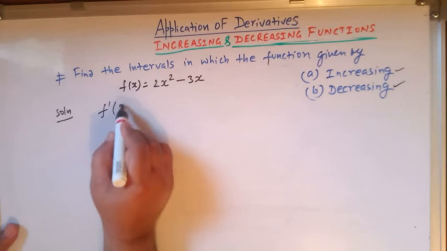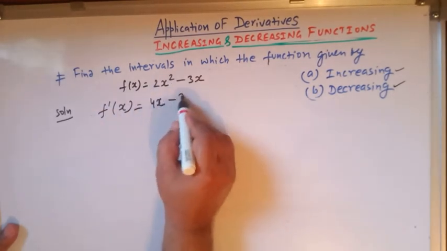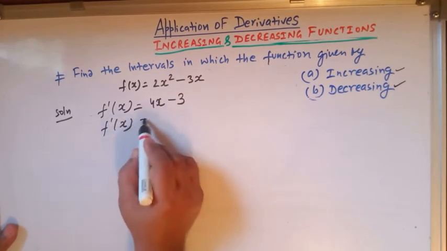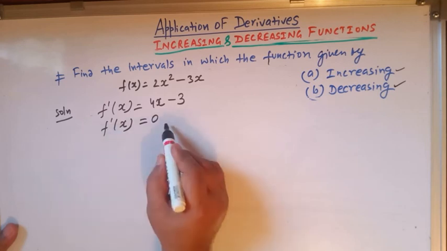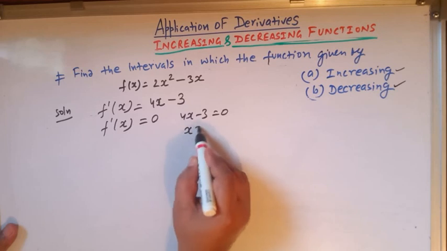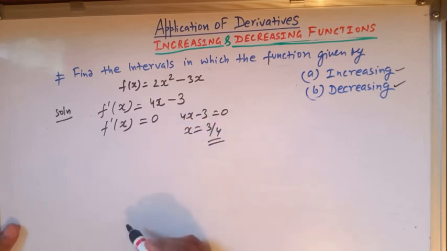So let us first find the derivative. So the derivative is 4x minus 3, and for critical points we have the derivative equal to 0, so we have 4x minus 3 is equal to 0, so x is 3 over 4. So this is the stationary point.